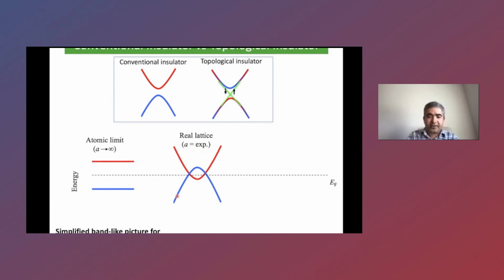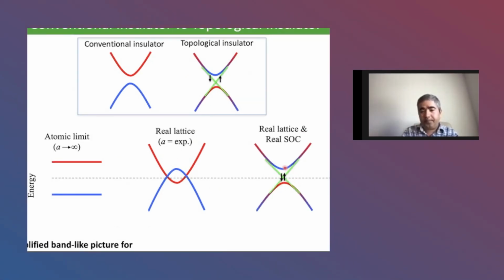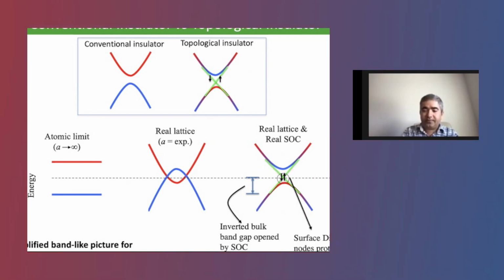In some materials, it may be possible that the bottom of the conduction band goes down and the top of the valence band goes up. And if you consider the spin-orbit coupling, the band gap may open. And if there is some sort of symmetry, you have this kind of inverted band gap, and within the band gap, if you have some symmetry, for example, time reversal symmetry, you may have this kind of linearly dispersive spin-polarized surface state.